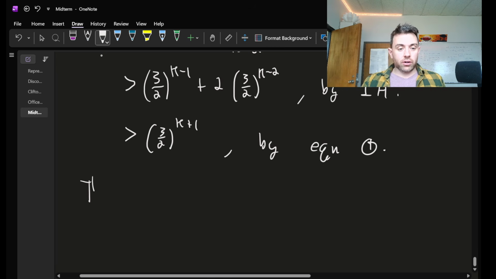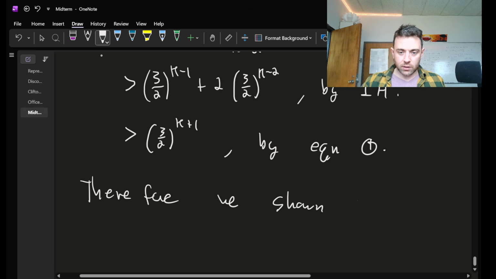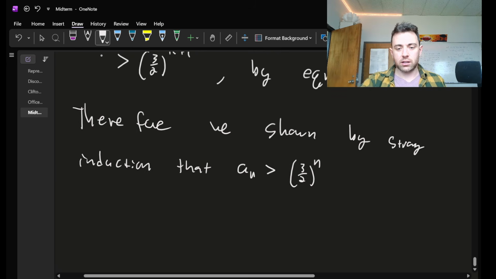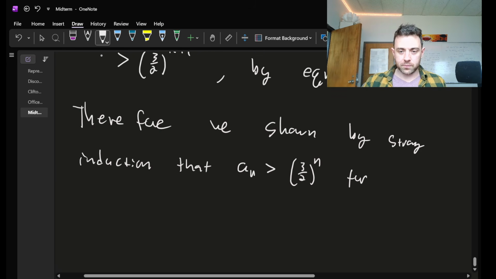So therefore, we have shown by induction, by strong induction, if you like, that a(n) is strictly bigger than 3 over 2 to the n for all n bigger than or equal to 1.